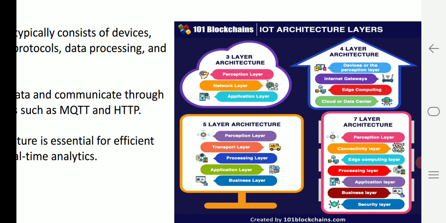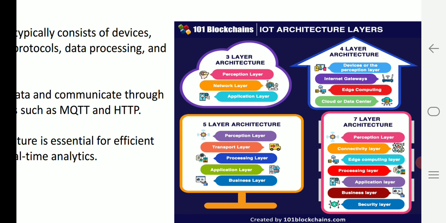Coming to 4 layer architecture, it consists of 4 layers: devices or the perception layer, internet gateways, edge computing, and cloud or data center. Coming to 5 layer architecture: perception layer, transport layer, processing layer, application layer, business layer.